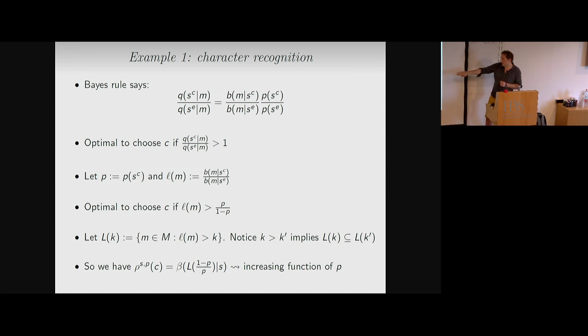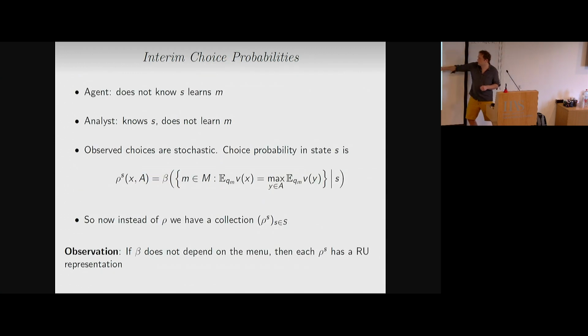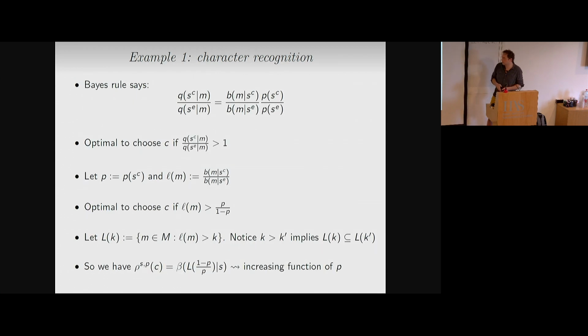If you plug it into the formula in my definition here, the probability that the agent chooses character C if the state is S and the prior is P is the probability of the set L of that prior ratio, and that's going to be an increasing function of the prior. So the interesting thing that I'm going towards is that now the choice probability will depend on the prior, and that's something we didn't have in the random utility model.